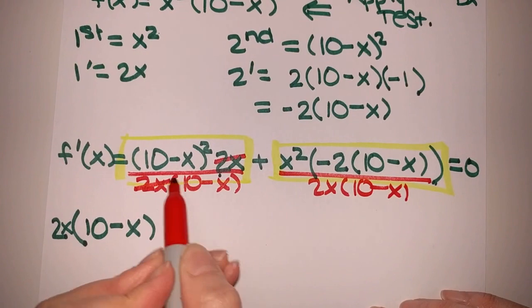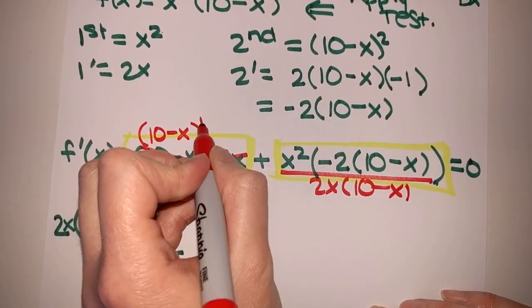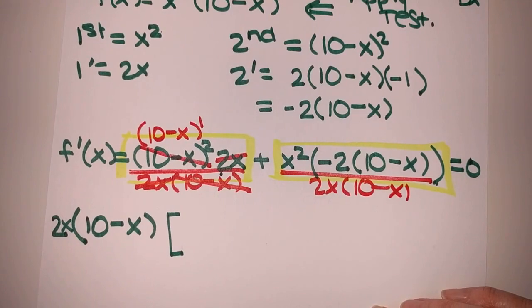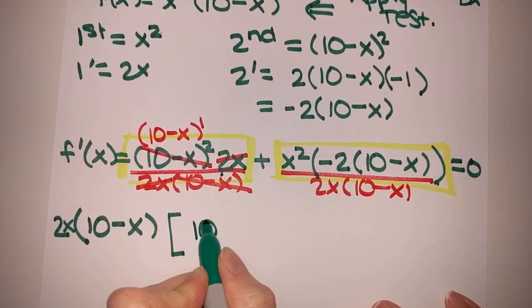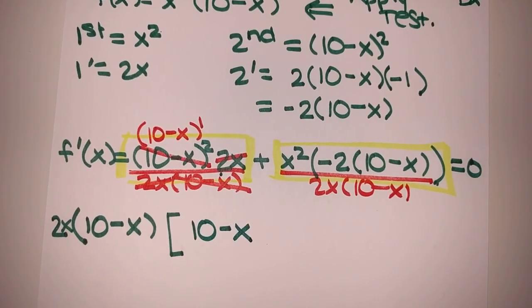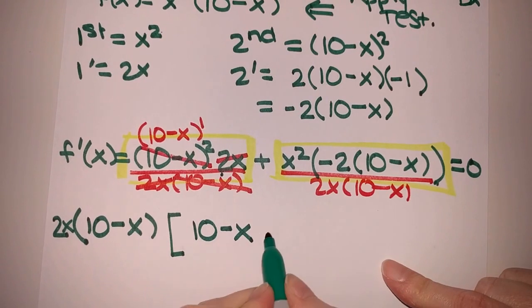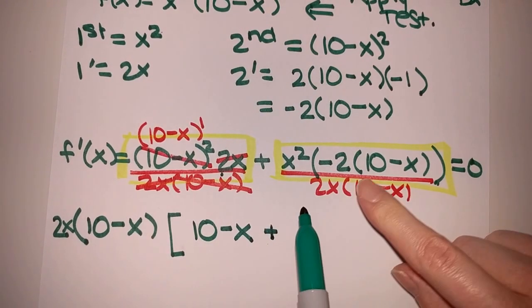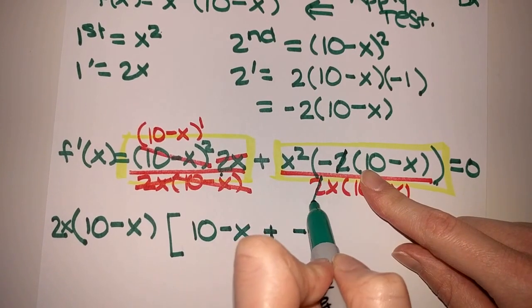These two x's cancel, the 10 minus x cancels here, and that just leaves us with a 10 minus x. We don't need to write the first power because there's nothing to distribute there. So from the first term, we get a 10 minus x. From the second term, we get a negative, coming from the fact that this 2 and this 2 cancel.